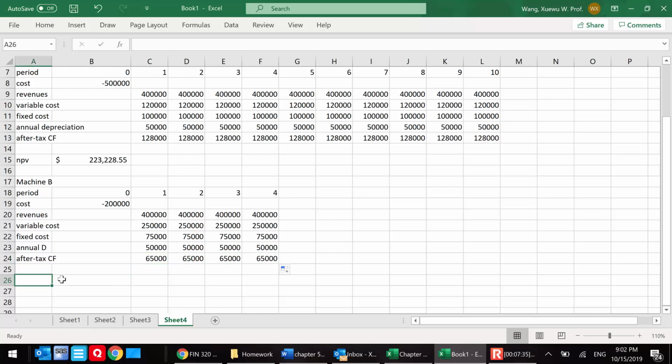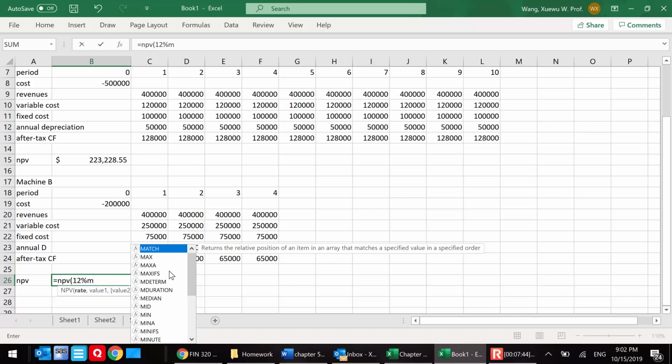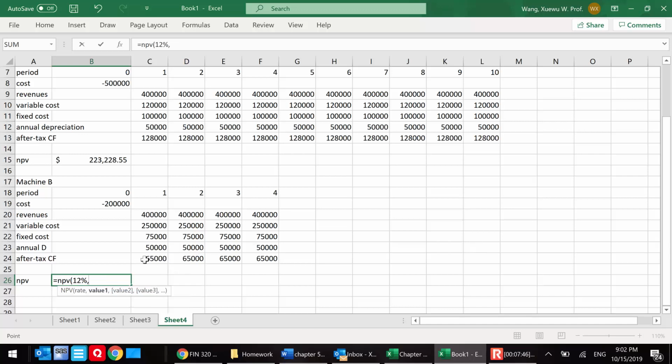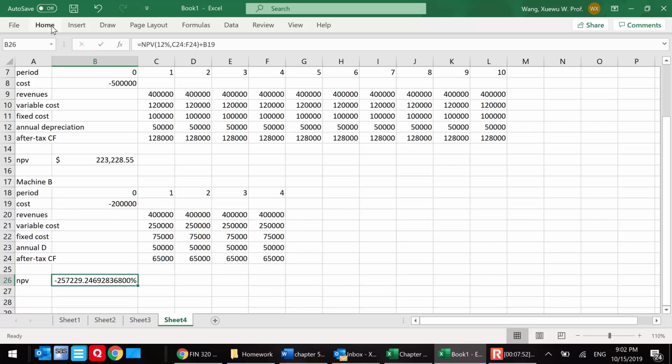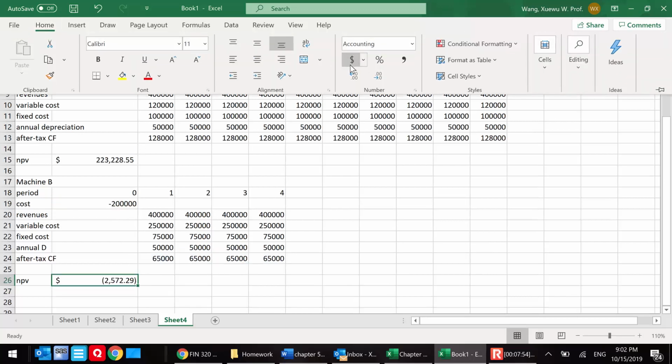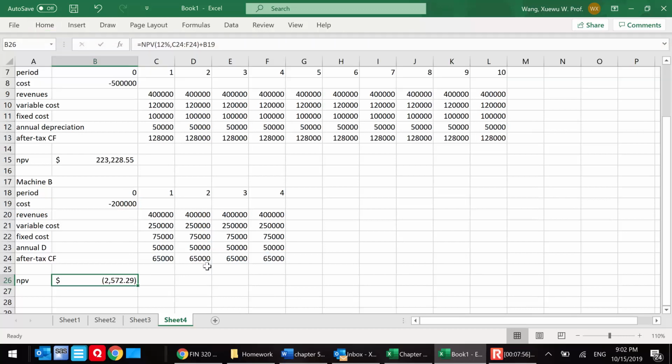Now you can look at NPV here. The NPV is going to be equal to NPV, the rate is 12%, and you're taking all the future cash flows and you put back the initial investment. This is the NPV for machine B, and NPV is actually negative 2,572. Now you can look at the EAC as well.